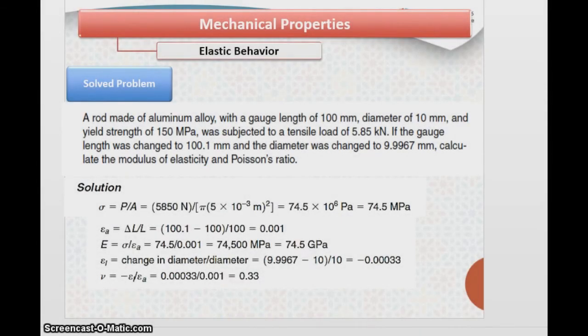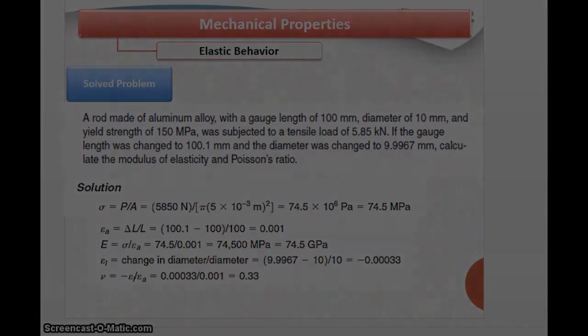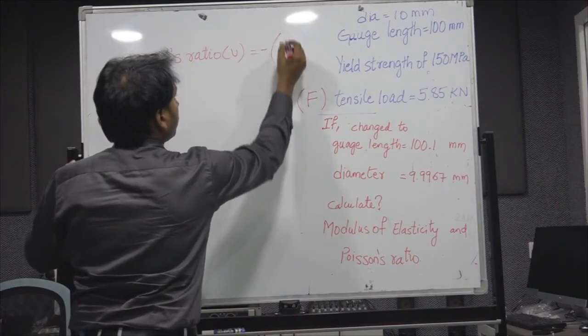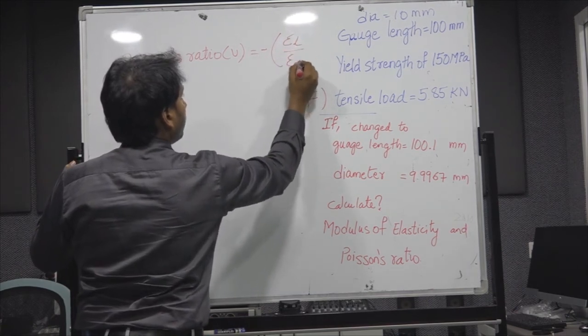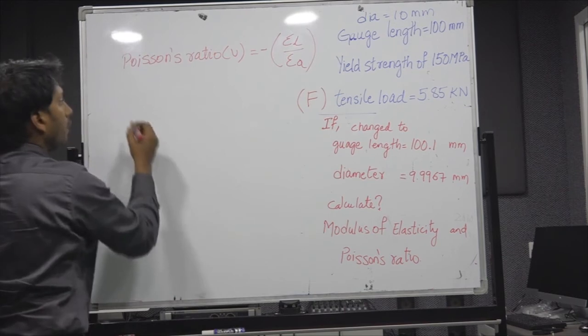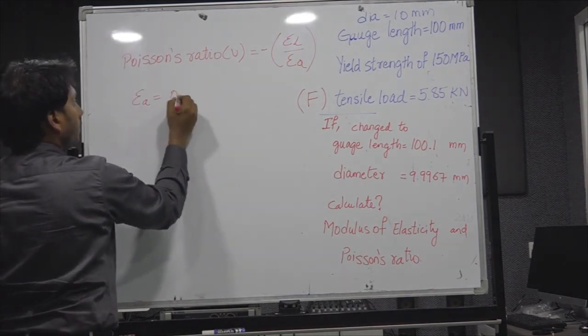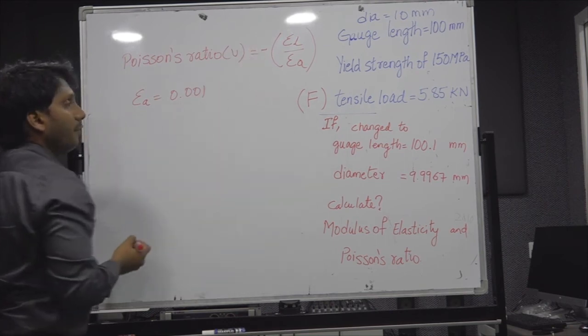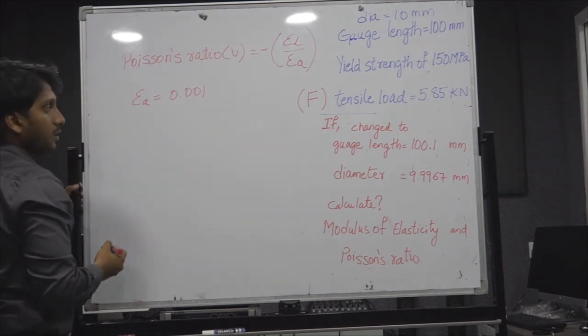So this is calculation of modulus of elasticity. You have determined this modulus of elasticity. Next one what we have to determine is Poisson's ratio. Poisson's ratio is denoted by V, which gives you the equation minus of lateral strain by axial strain. We know already this axial strain is 0.001. Now we have to determine this lateral strain.